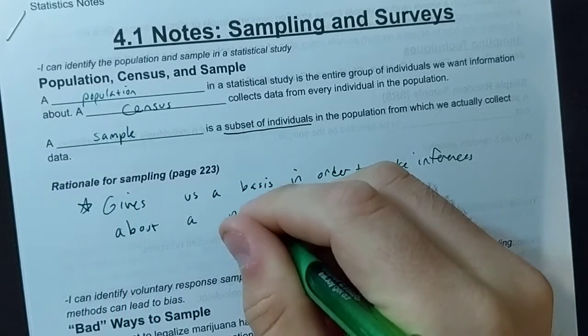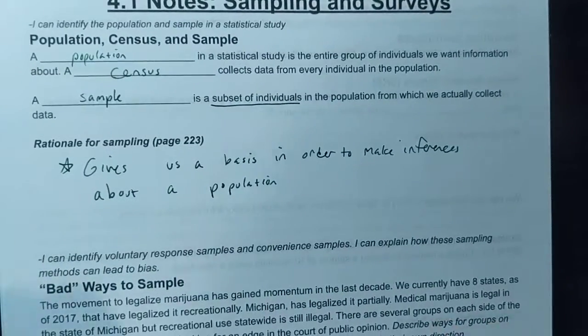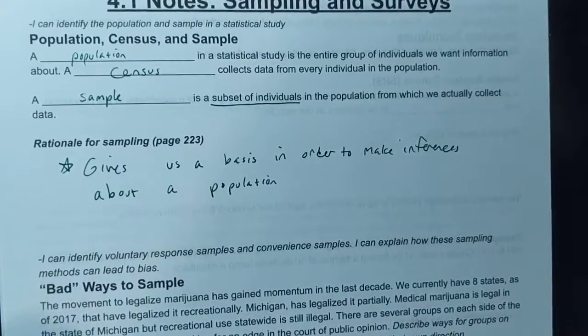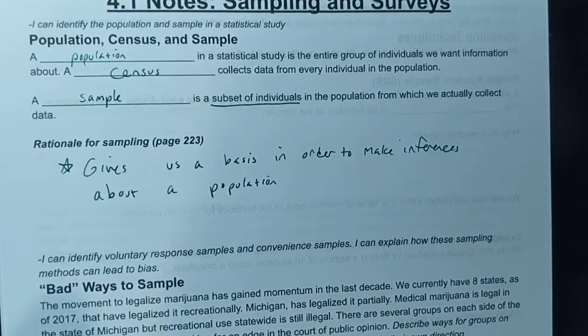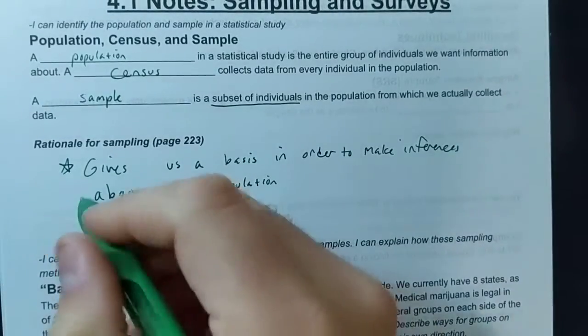And this is the whole goal of surveys or samples, to get a good idea what the population is thinking and what their opinions are. And sampling does do that as long as you utilize good sampling techniques.